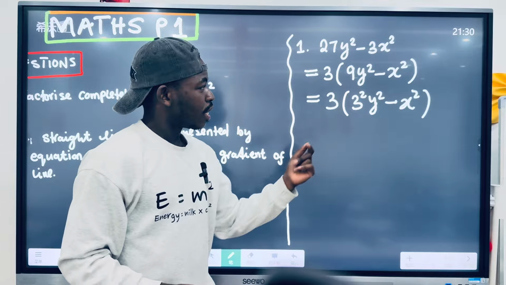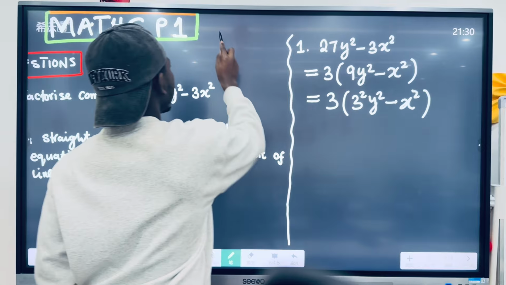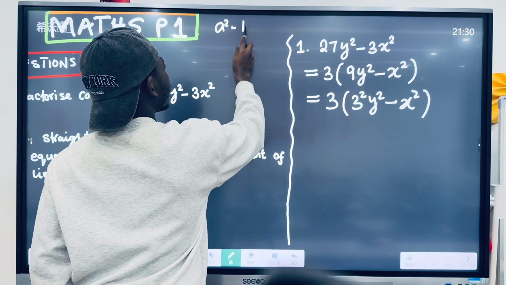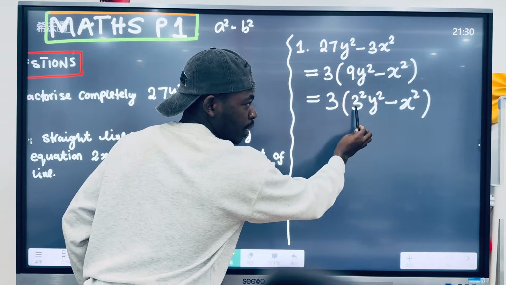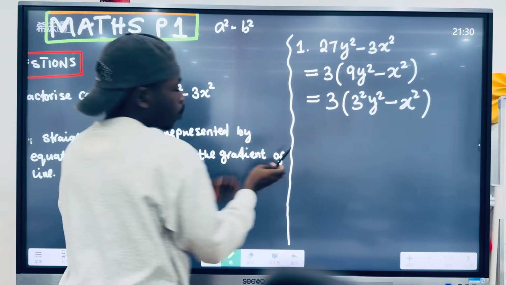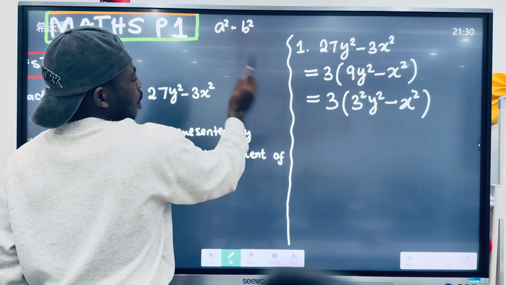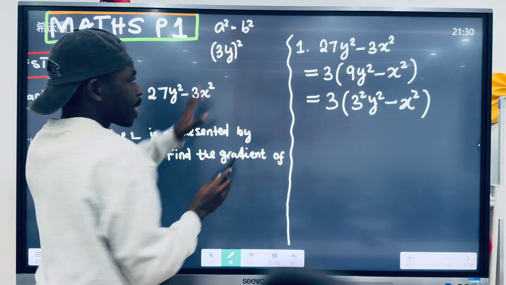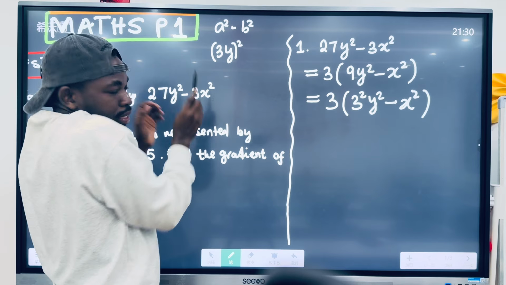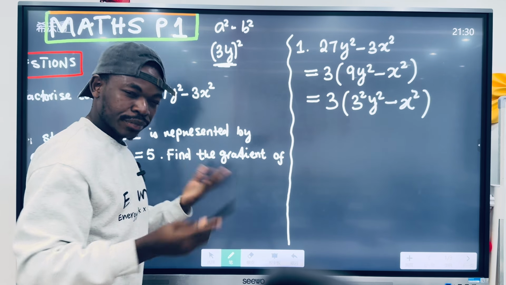Now that everything has been written in this form, because you have 3 squared times y squared, if you want, you can put them together and say this is the same as 3y, both squared, like that. So that you can easily see it as a square if you want.